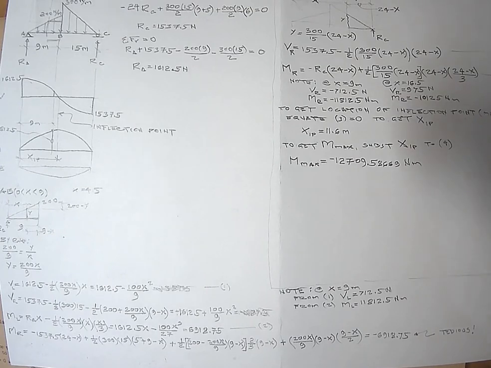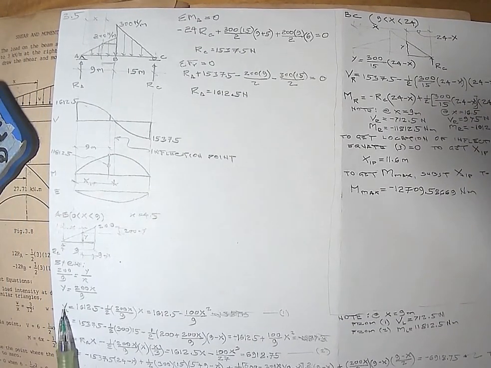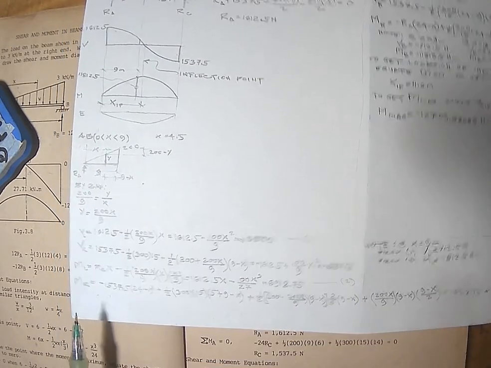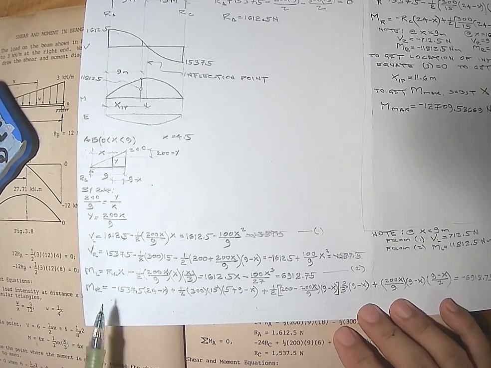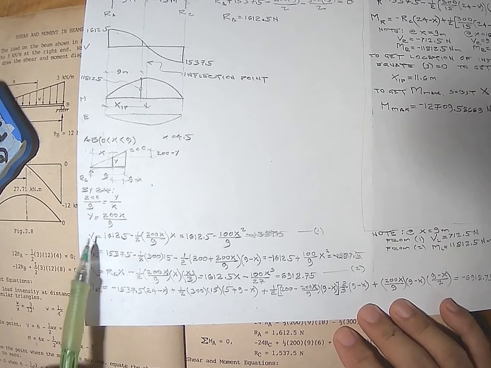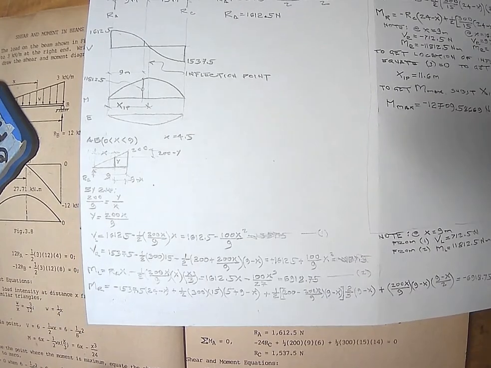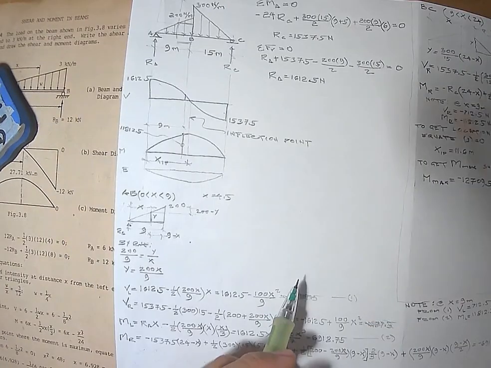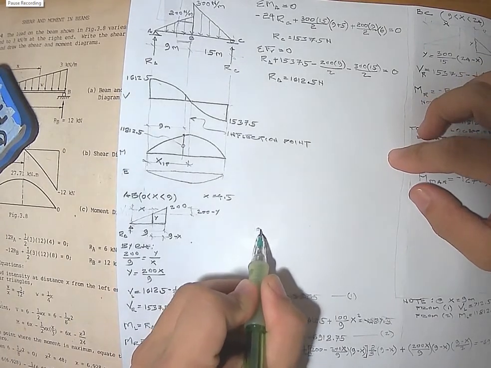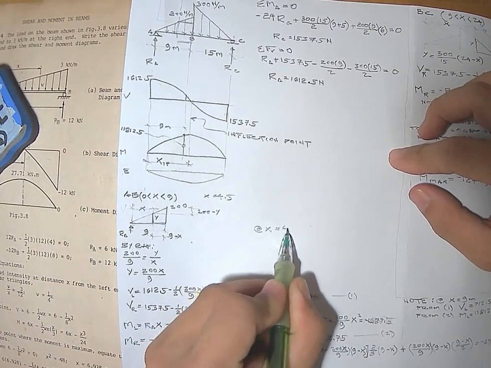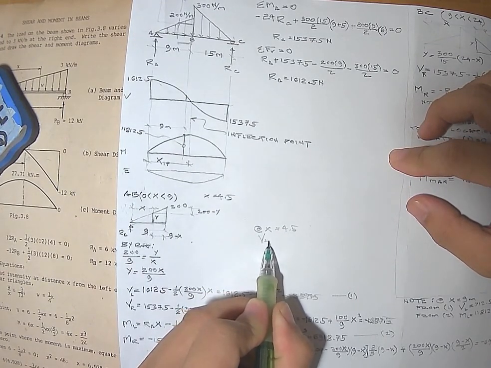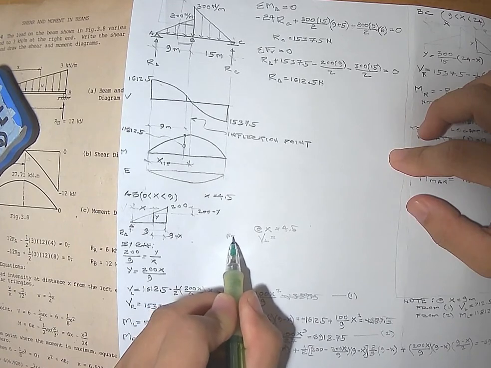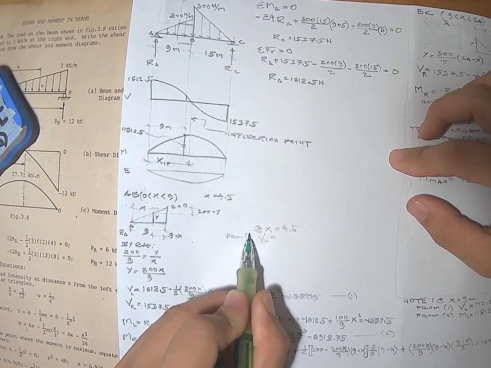Now, let us test. The shear left and the shear right should cancel, meaning one is positive and the other is negative. So, let's say at x is equal to 4.5, shear left, this is from equation 1.